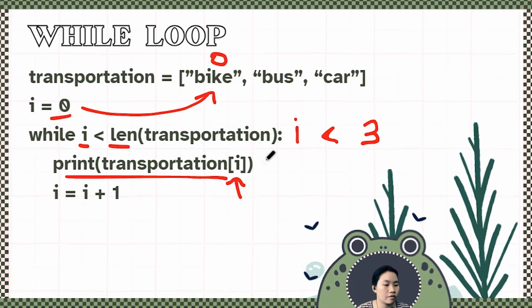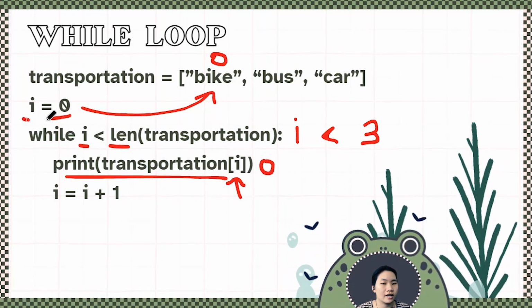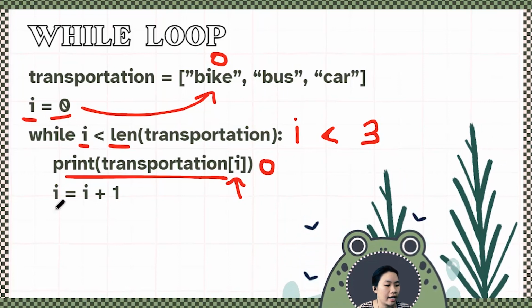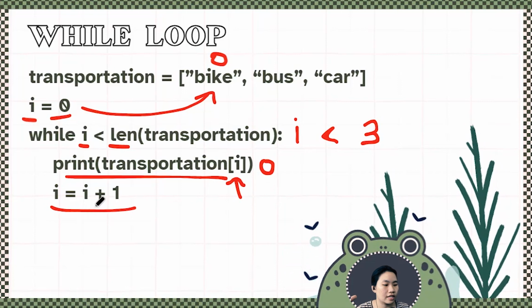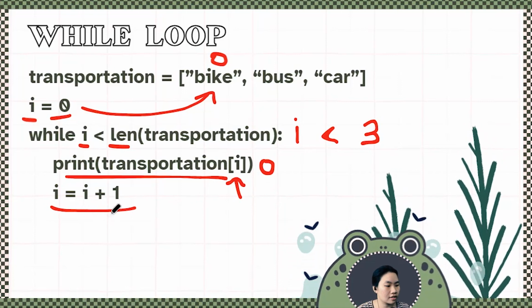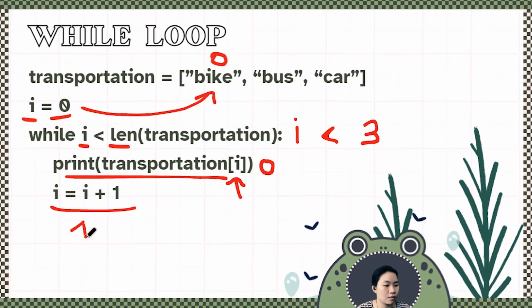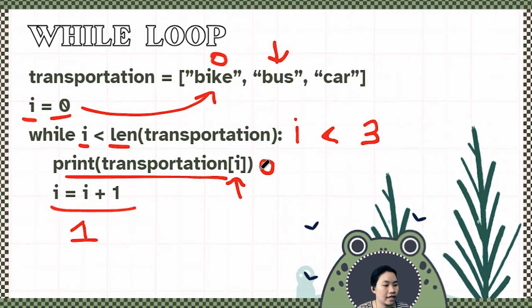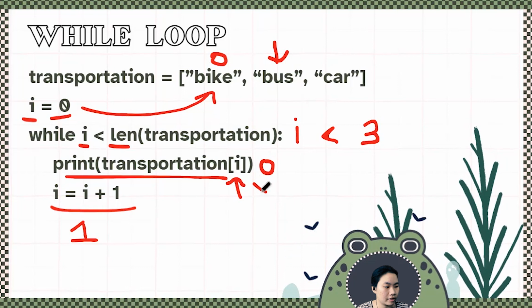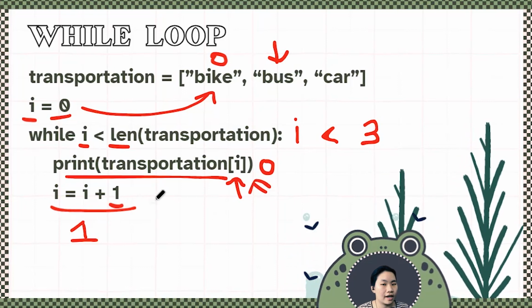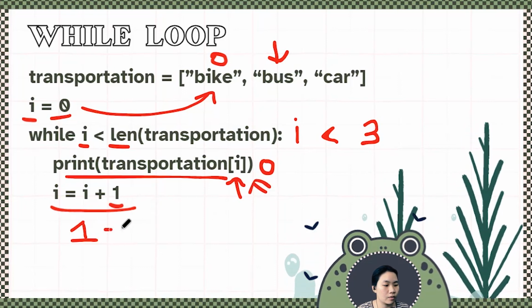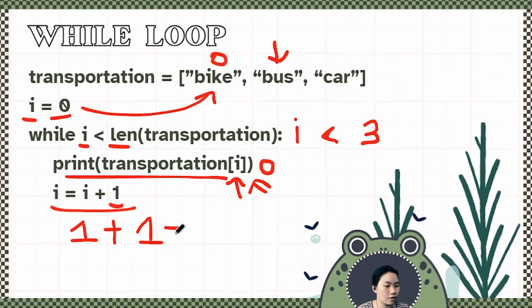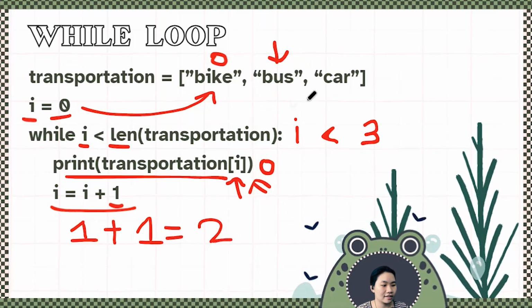So first, obviously, it would print index 0 because i is at 0. And after it prints index 0, it adds 1 to i. So what's 0 plus 1? That is 1. So it would print index number 1. And after it prints number 1 up here, it goes down here and adds 1 one more time. So 1 plus 1 is 2. And then it prints index 2.